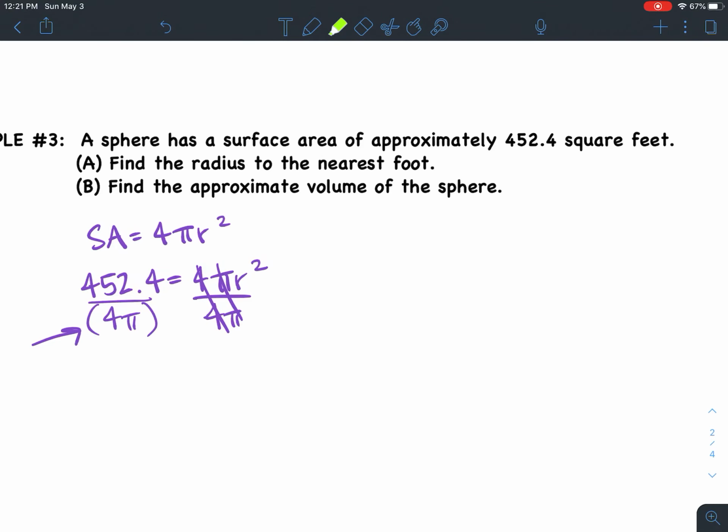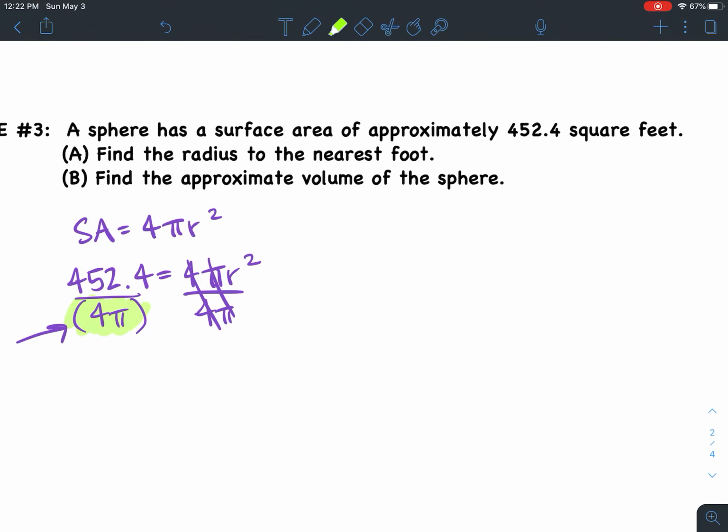Make sure that you put that denominator in parentheses, or your calculator will give you the correct answer for a different problem, not for this one. So 452.4 divided by parentheses 4 pi gives me about 36.